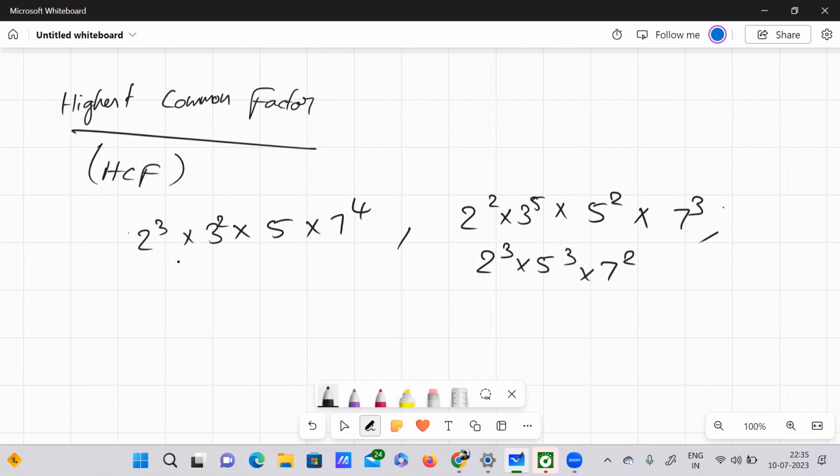Okay, likewise we are given some kind of numbers along with the powers, so we need to find the HCF. So how to find the HCF here?